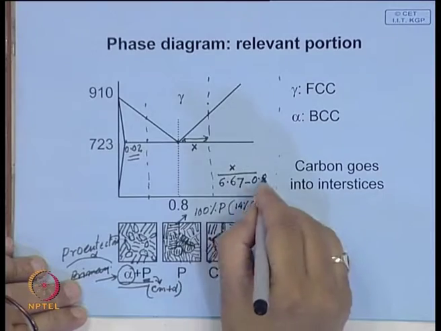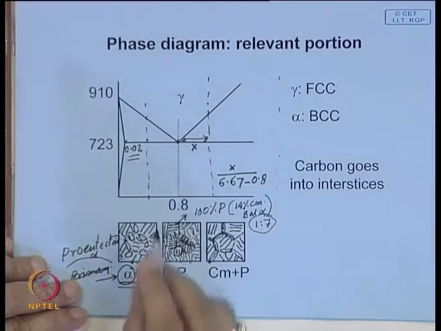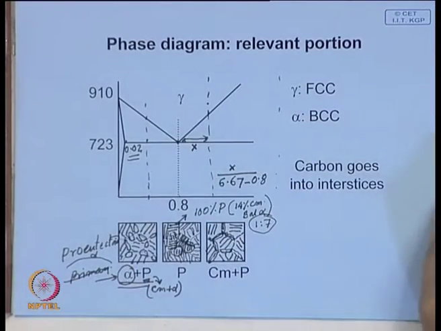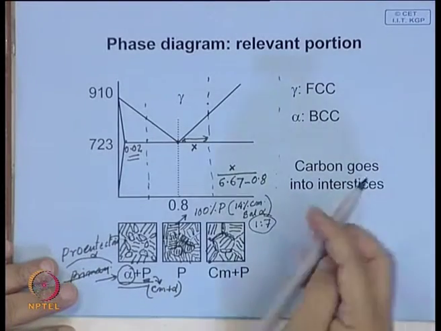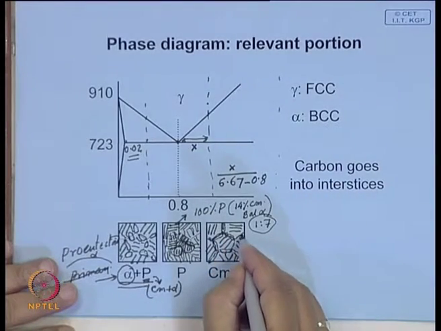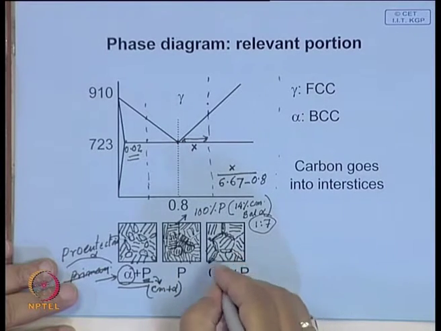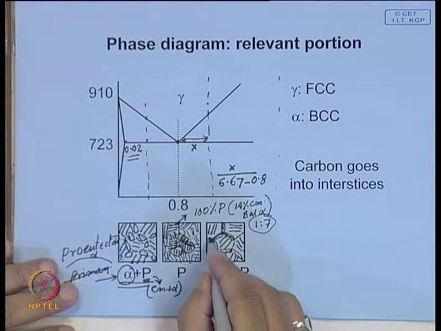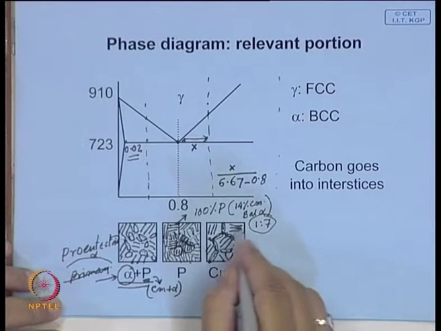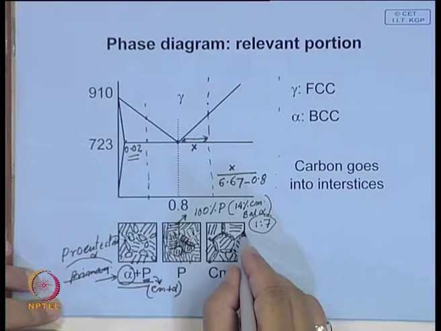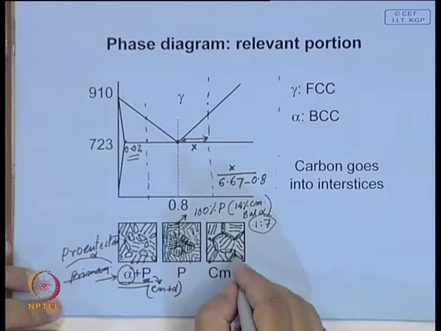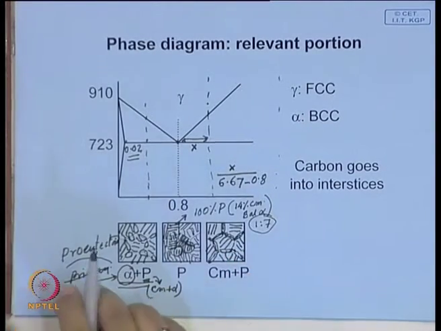Now, this is much larger. So, the amount of proeutectoid cementite which you can have in steel is very, very small, and that is why you can only expect a very thin network of cementite. Cementite is very brittle, and this type of structure, a brittle network at the grain boundary, is unwanted, and in all heat treatment processes we have to see that we do not let this happen.